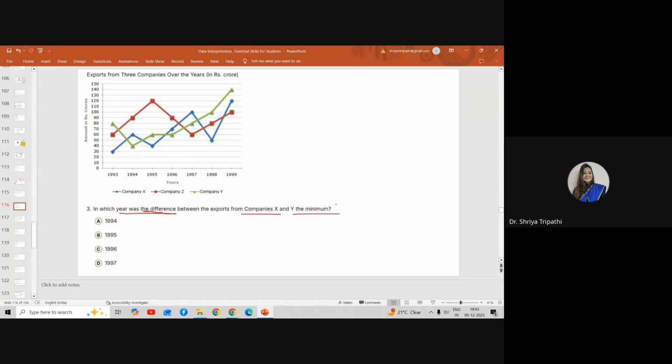Only focus on 4 options. You calculate for 94, 95, 96, and 97. That's it. 4 options only. Which year the difference between the exports between company X, company Y was minimum? So here X is in blue, Y is in green.